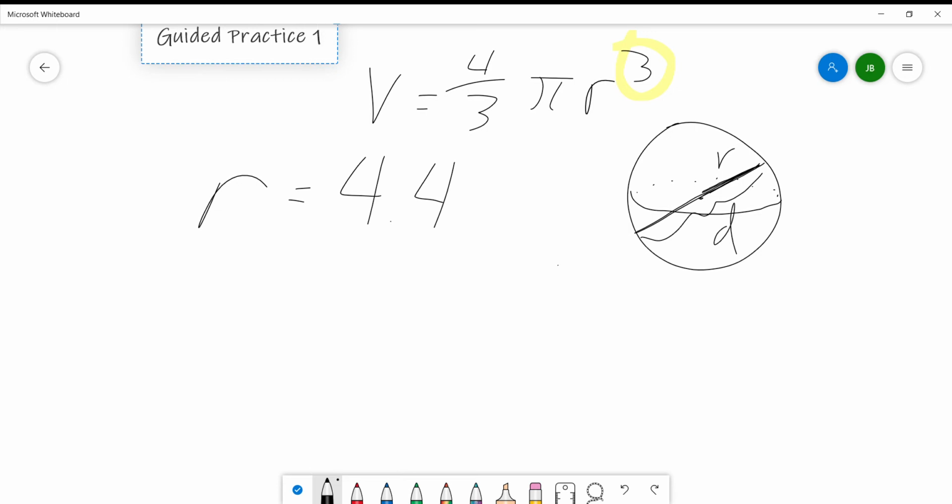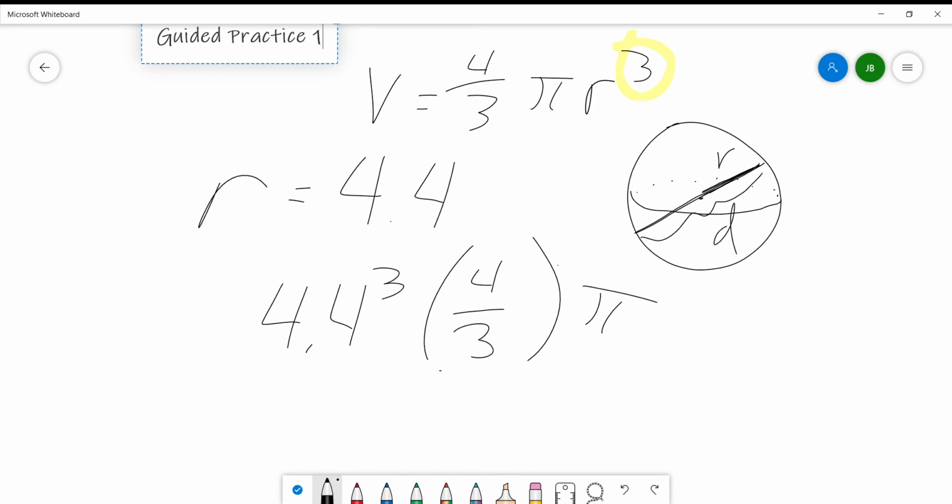So we plug in the volume. Volume equals 4/3 times pi times the cube of the radius. We're going to need our calculators for this one. 4.4 cubed times 4/3 times pi. Another way you can do this, guys, keystrokes. If you do the cube first, that can be the easiest way to make sure you don't mess up your keystrokes.